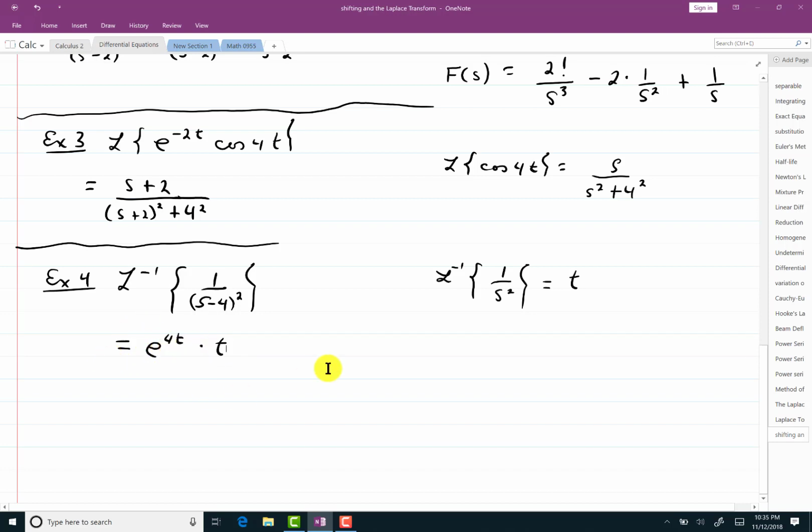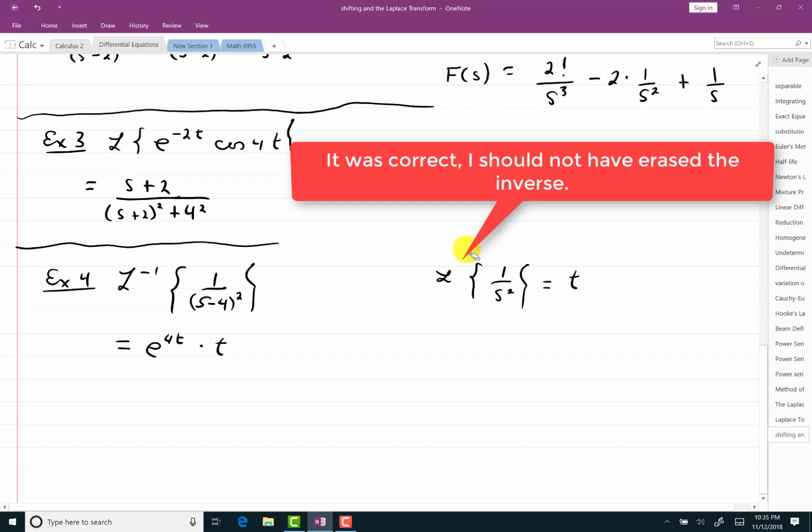Where am I getting the e to the 4t? Because if I take the Laplace transform of e to the 4t times t, the Laplace of t is 1 over s squared, and then the 4 here tells you that you would have to shift it to the right 4 places.